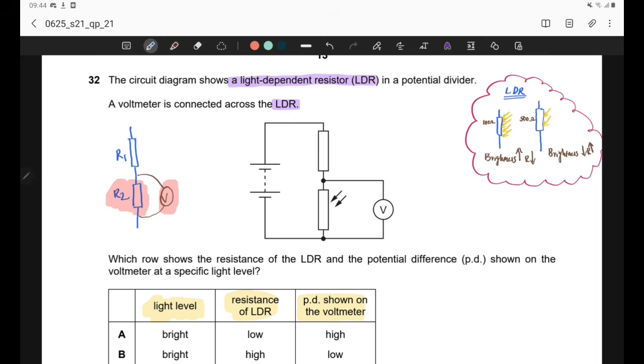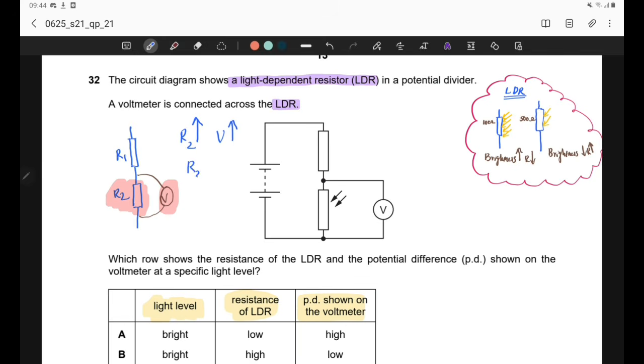This is something very important about a potential divider circuit. Here R2 is the resistance we have connected across the voltmeter. When this resistor's value increases, the voltage across it will increase, so the voltmeter reading will increase. This is a very important point: whenever the resistance increases, the voltage drop across that resistance will increase.